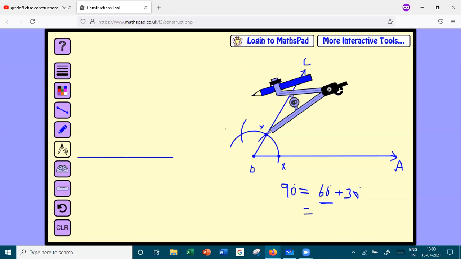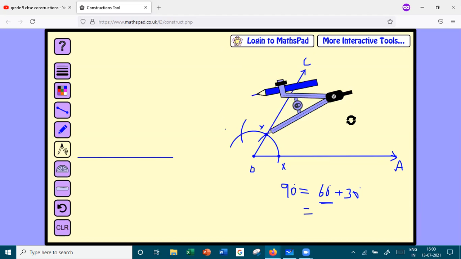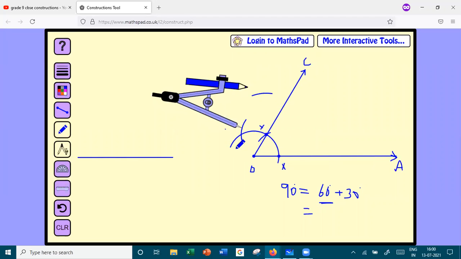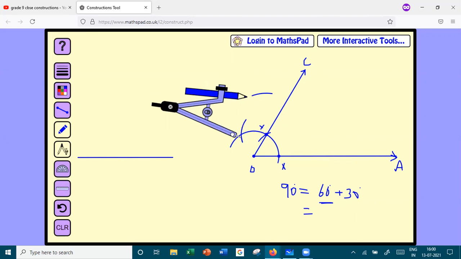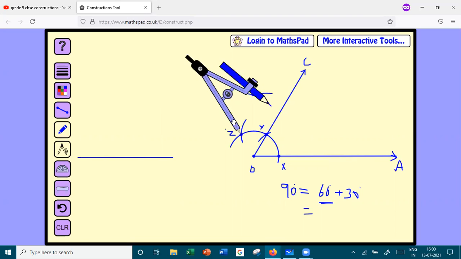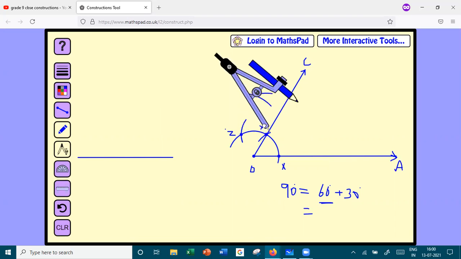So I'm going to draw an arc here and again I'm going to place this on this point. Let me call this point Z. I'm going to place it on Z and cut an arc with the same radius.